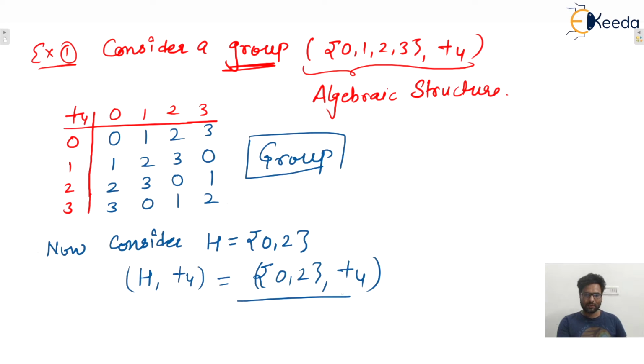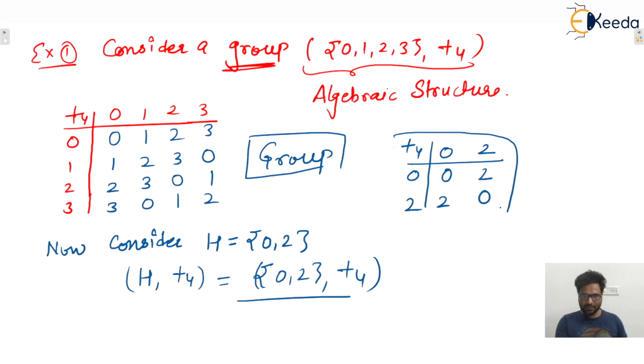Is this one a subgroup or not? Yes. We saw in the last lecture, this is {0, 2} with addition modulo 4. 0 plus 0 will be 0. 0 plus 2 will be 2 only. 2 plus 0 will be 2 only. And 2 plus 2 is 4, 4 mod 4 will be 0 only. So we saw in the last lecture that this one is a subgroup.